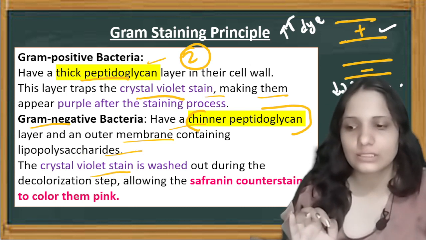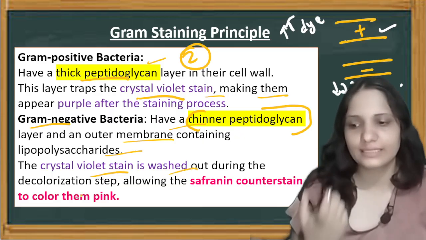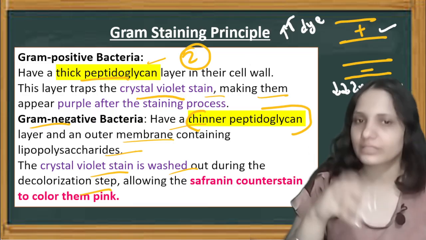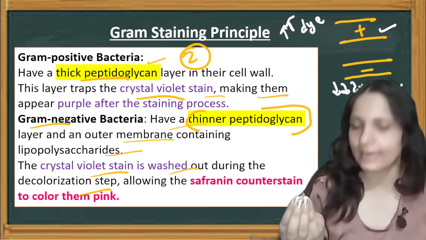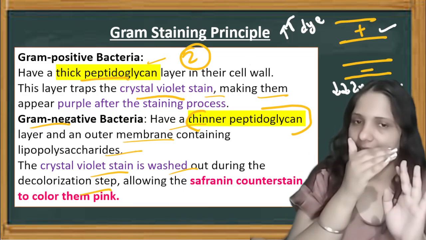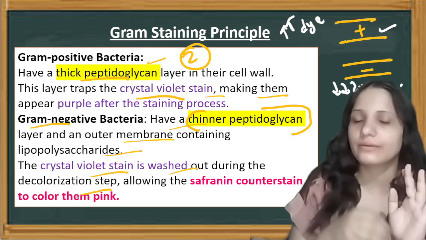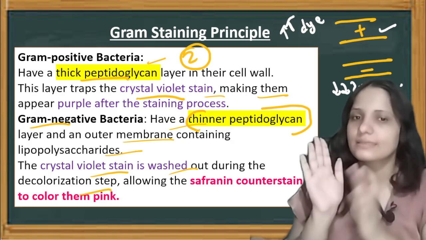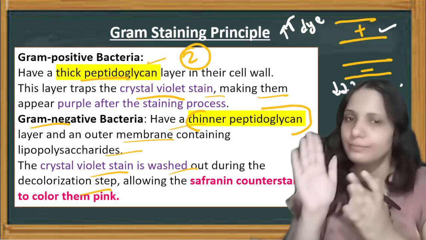So after the crystal violet stain is washed during the decolorization step, we add another dye, the counter stain dye, that is safranin dye, right? Now this gram negative bacteria will take safranin dye and appear pink in color, while this gram positive bacteria remains as such, in purple color.